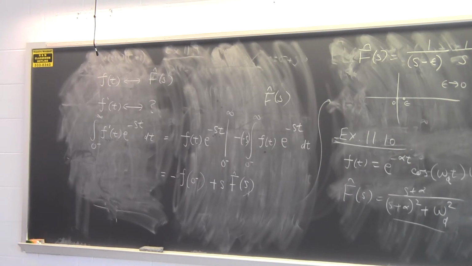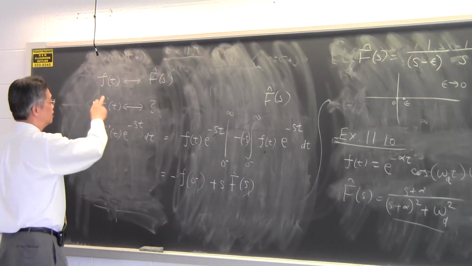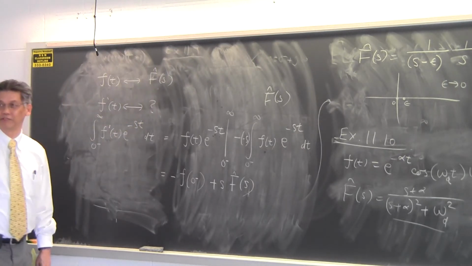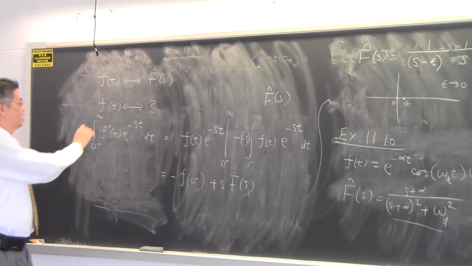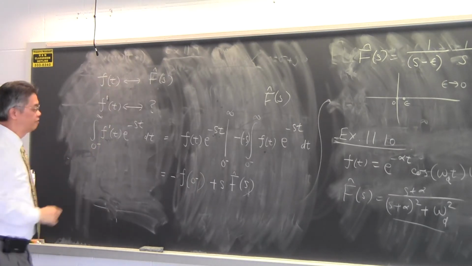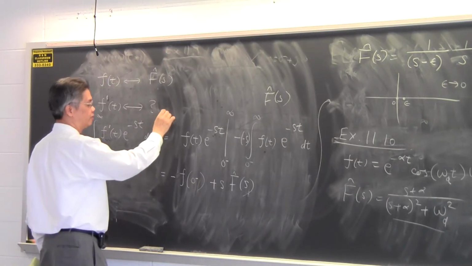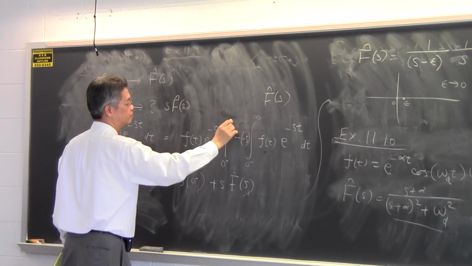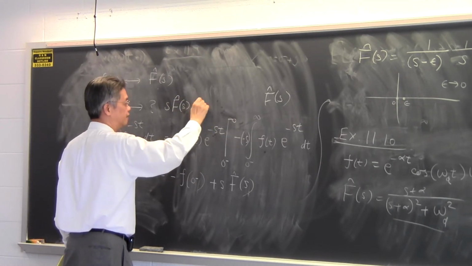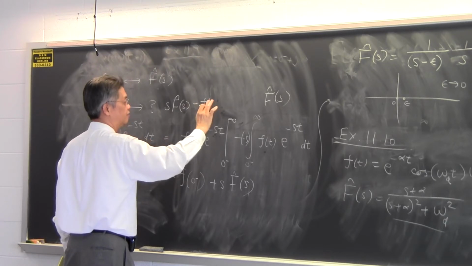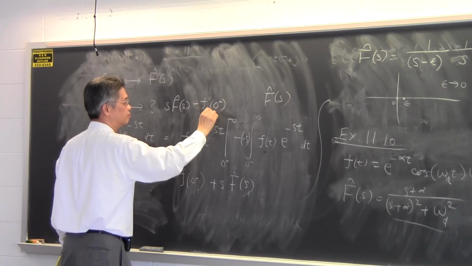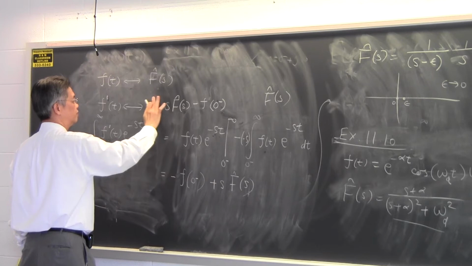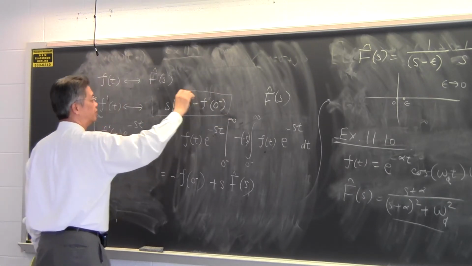Okay, so you have this rather peculiar rule that if f(t) Laplace transforms to f hat of s, then f prime of t, which is the derivative, Laplace transforms to s f hat of s minus f of 0 minus. Okay, you have this rather peculiar looking rule.